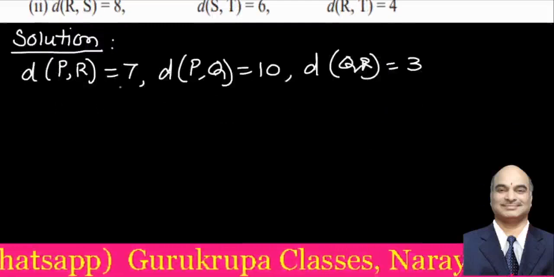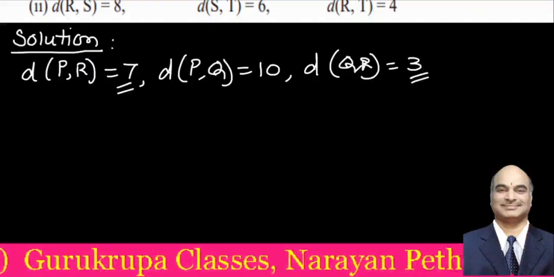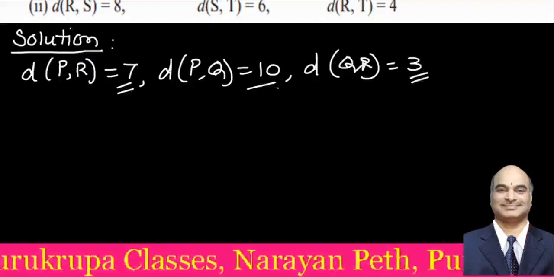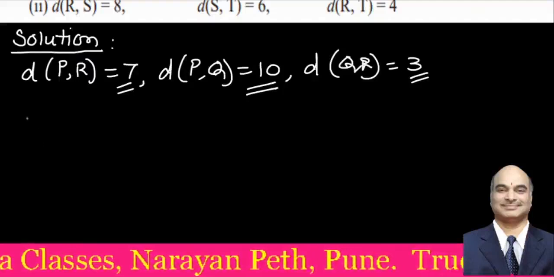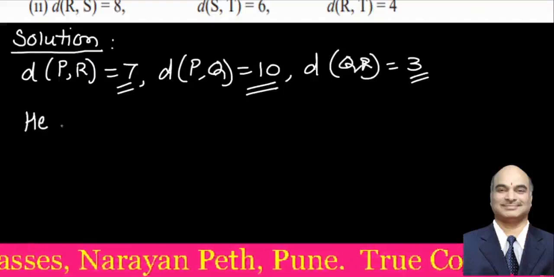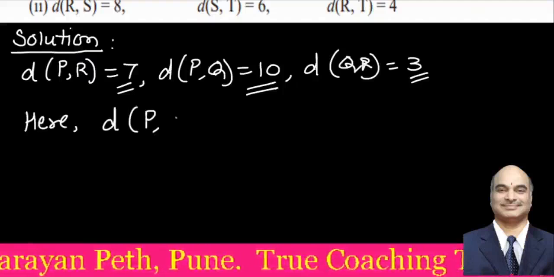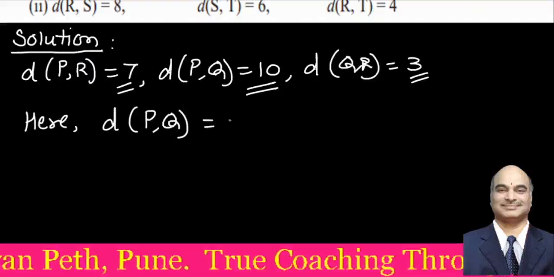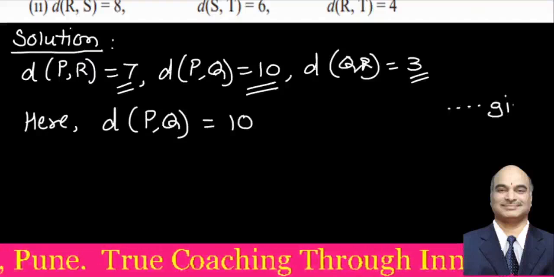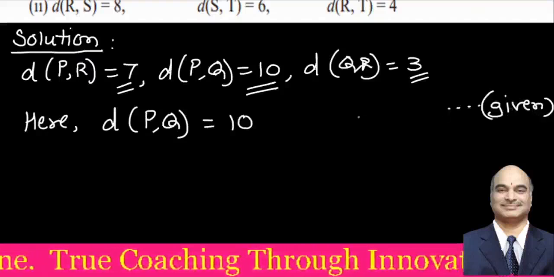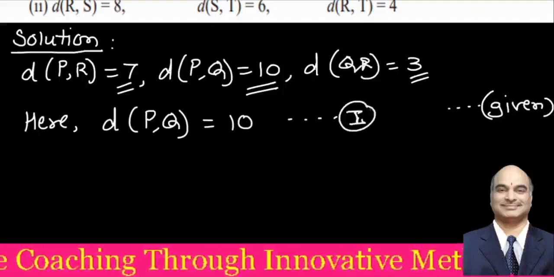If you observe, 7 plus 3 is equal to 10. So here we write that distance PQ is the greater distance, that is 10. It is given, and we state it as statement number 1.